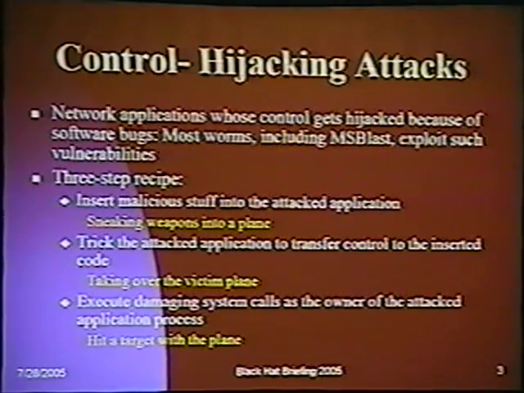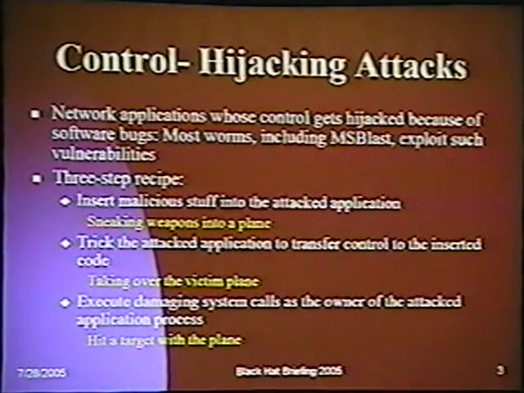The first thing they try to do is insert some sort of malicious stuff into the address space of the victim application. You have victim applications running on the machines, and somehow the attacker, by inputting something, can tamper with the address space of the application. This is just like a real airplane hijacking: you try to sneak some weapons into an airplane.